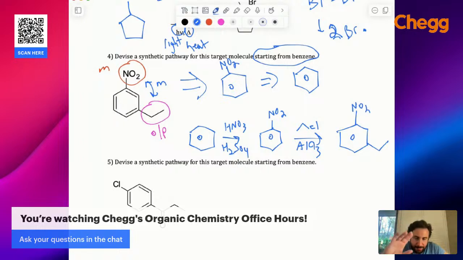Non-polar caps off at around 0.4, 0.5 for electronegativity difference. 1.7 to 2 is kind of the gray area between polar covalent and ionic. That's case by case. You have to look at things like orbital mismatch, right? What's the relative size of the atoms? That's a factor.